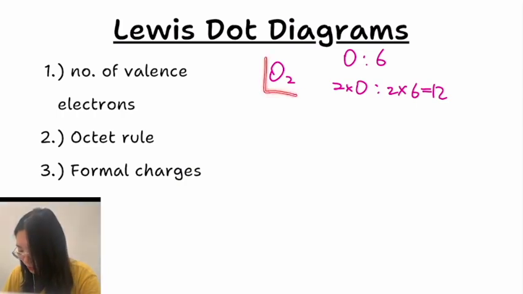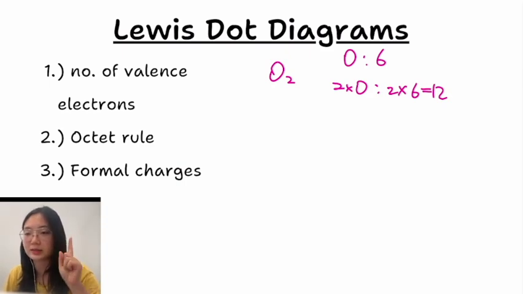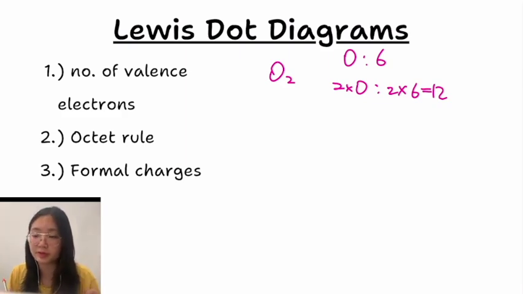When you draw the Lewis dot diagram of oxygen, you cannot have more than 12 valence electrons. This is the rule of thumb. The second is that each atom within the molecule has to achieve the full octet state. Full octet state means 8 valence electrons, or 2 valence electrons for hydrogen and helium, because the octet state is considered the noble gas state, the most preferred state.